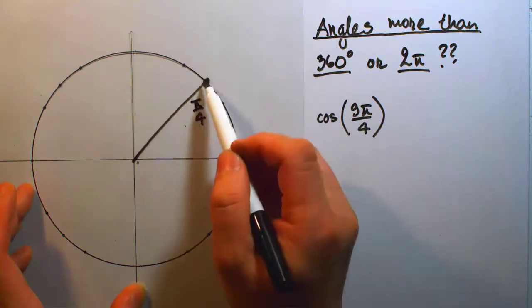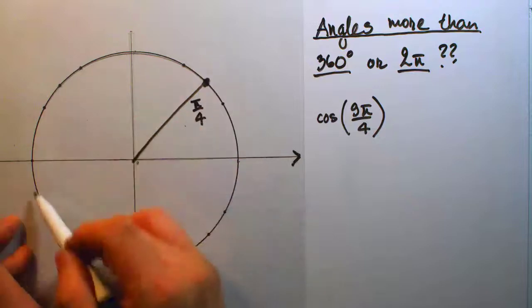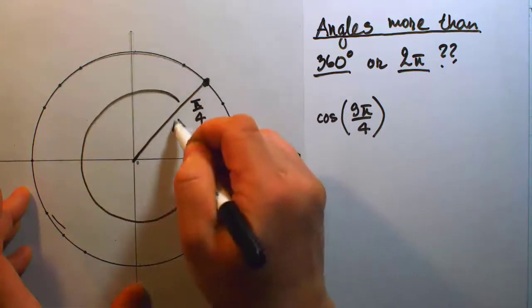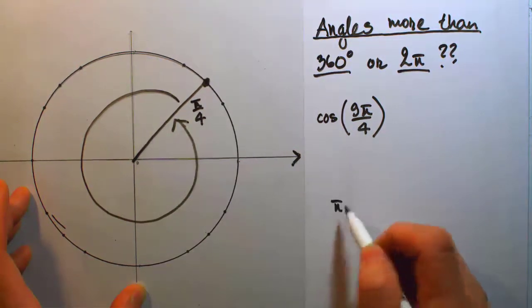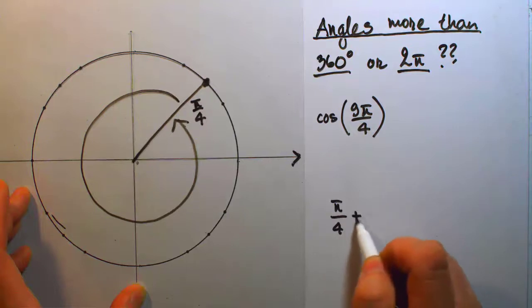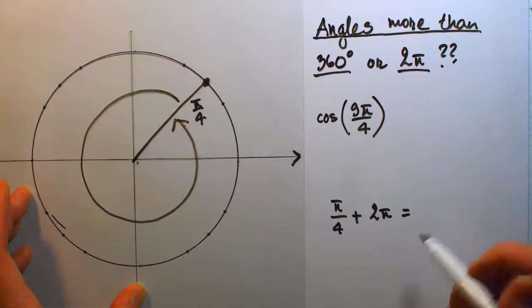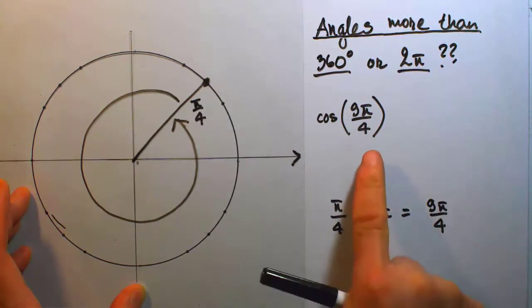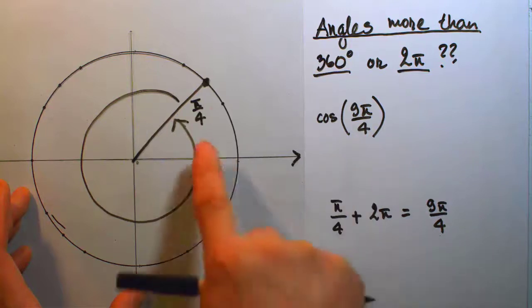However, from the same angle pi over 4, if we go one more complete cycle and land on the exact same terminal point, we have pi over 4 plus one more complete cycle, 2 pi. So we end up with 9 pi over 4. I just want to remind everybody that 9 pi over 4 and pi over 4 are coterminal.